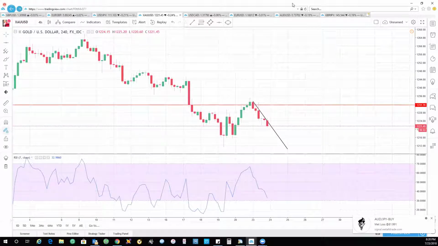Once again, as you see, these are the only tools that I use now. I use the RSI solely to let me know how far it has been overbought or, vice versa, how far it has been oversold. But I no longer feel the need to have the extra tools because I'm getting the same confirmations from the support and resistance lines, the wicks that are hitting those lines, as well as the actual trend lines that I'm drawing.